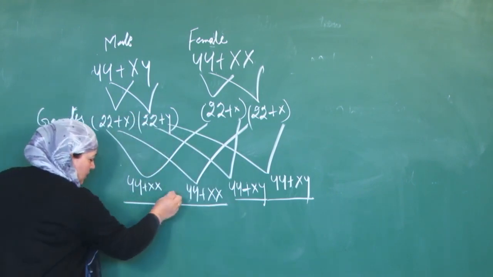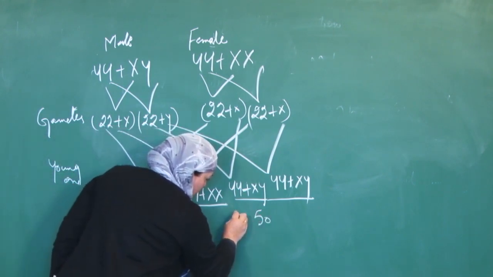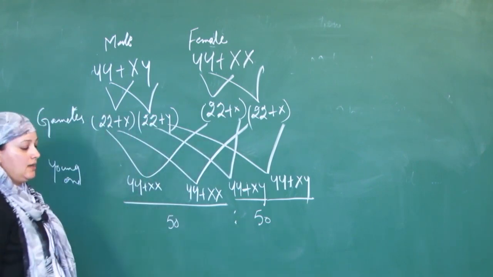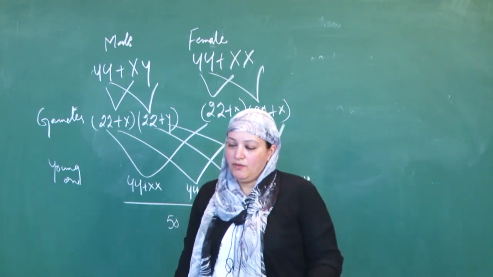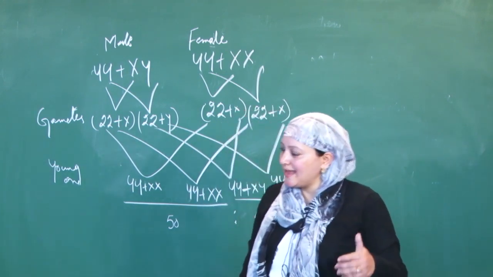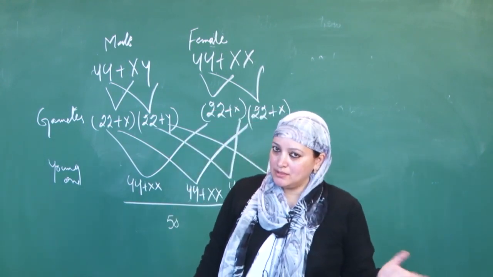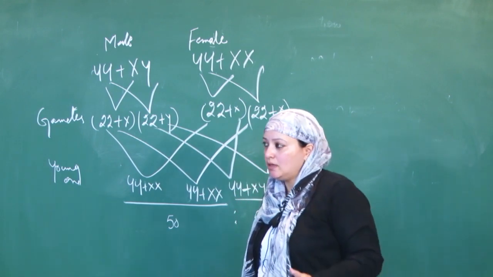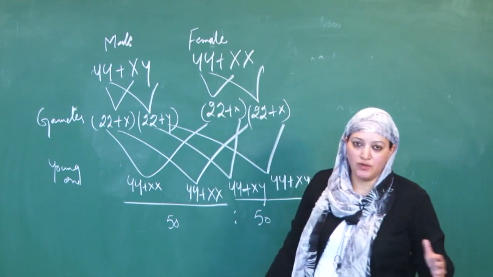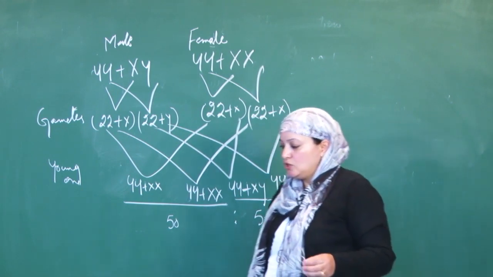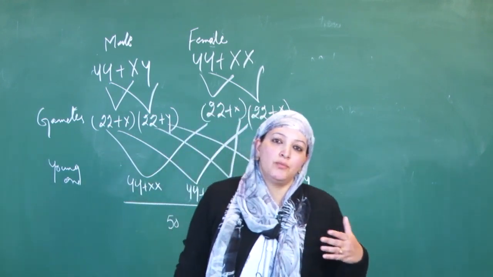If you see, you have a 50:50 ratio. This probability depends upon the father, whether he has the X chromosome in the sperm or the Y chromosome in the sperm, which can fuse with the mother's ovum, and we can have the chance of either a boy or a girl. So in a family, it all depends upon probability.